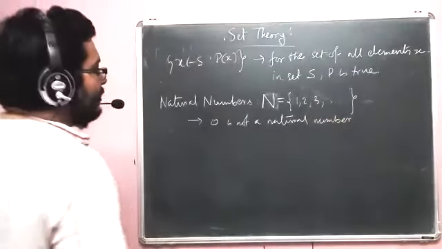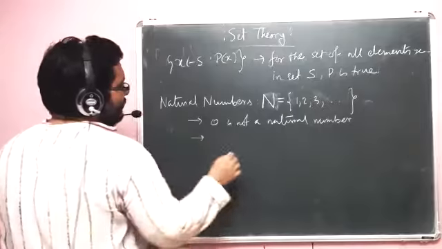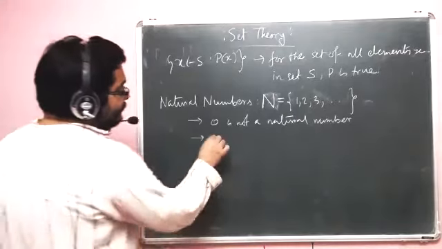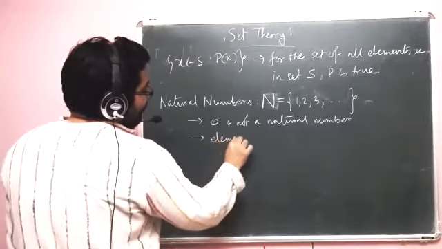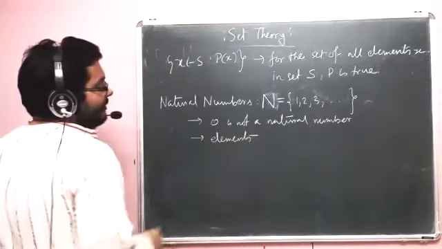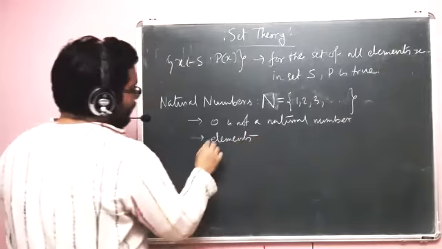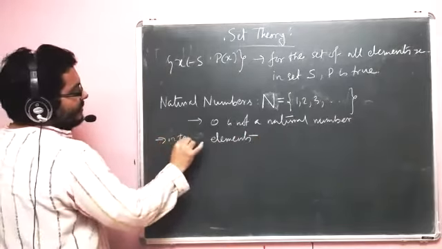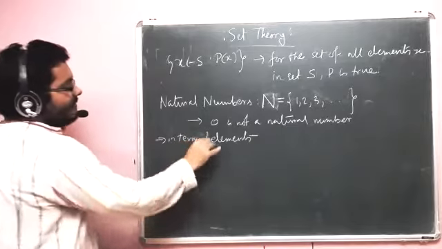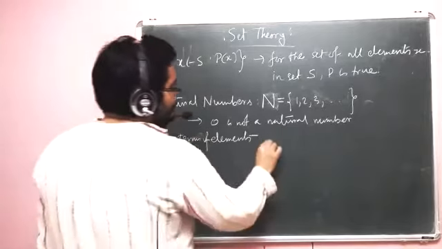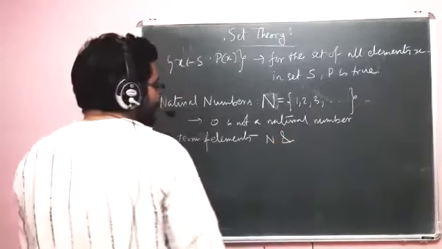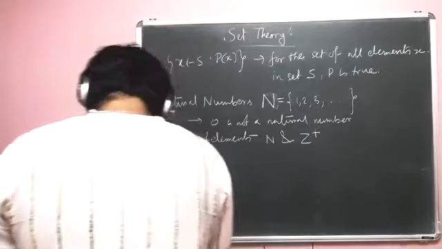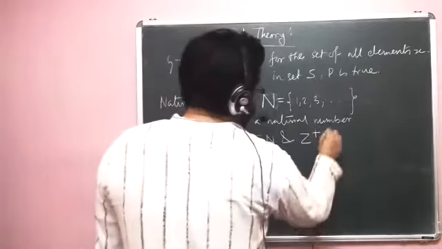Number 2 is: in terms of elements, N and Z plus. What is Z plus? Z plus is basically the positive integers.